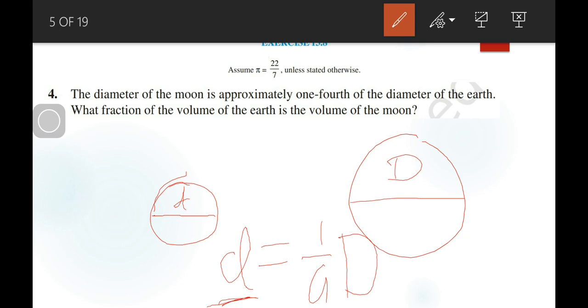So if we assume the diameter of the earth is D, then the diameter of the moon can be 1/4 D.